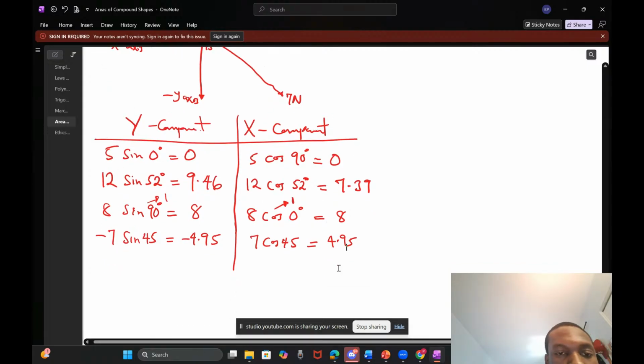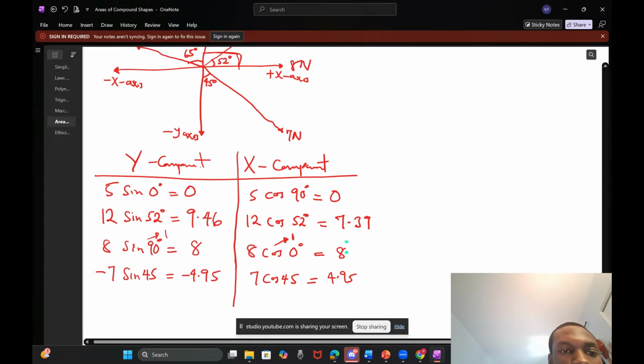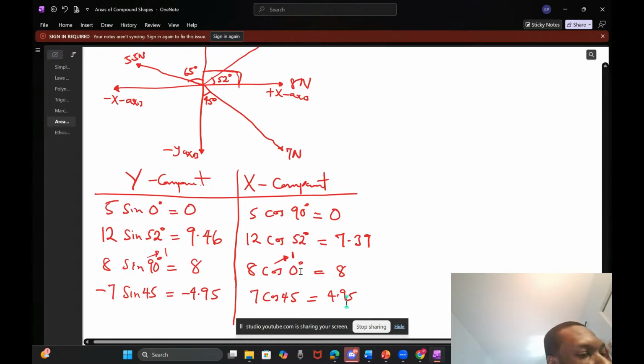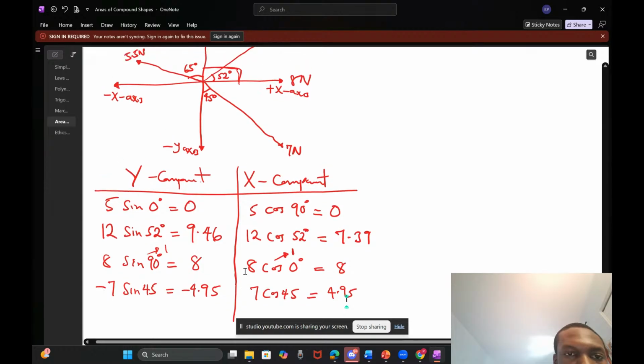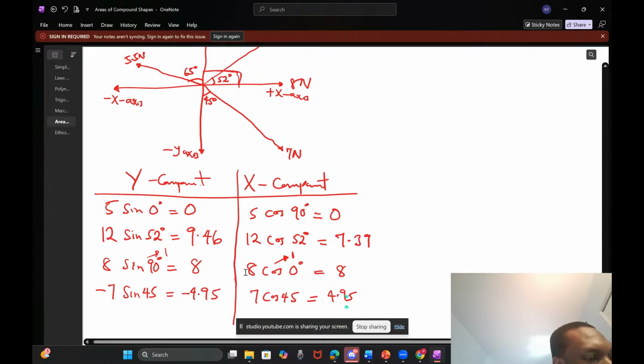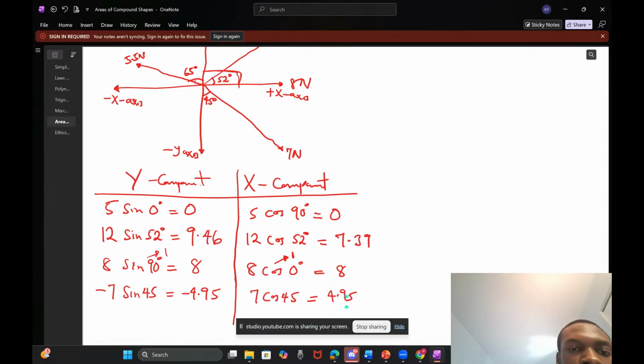And then the last force is 5.5 Newton. So this 5.5 is facing the negative x-axis, but it is facing up, which is the positive y-axis. So for the y component, it's 65 degrees, right?